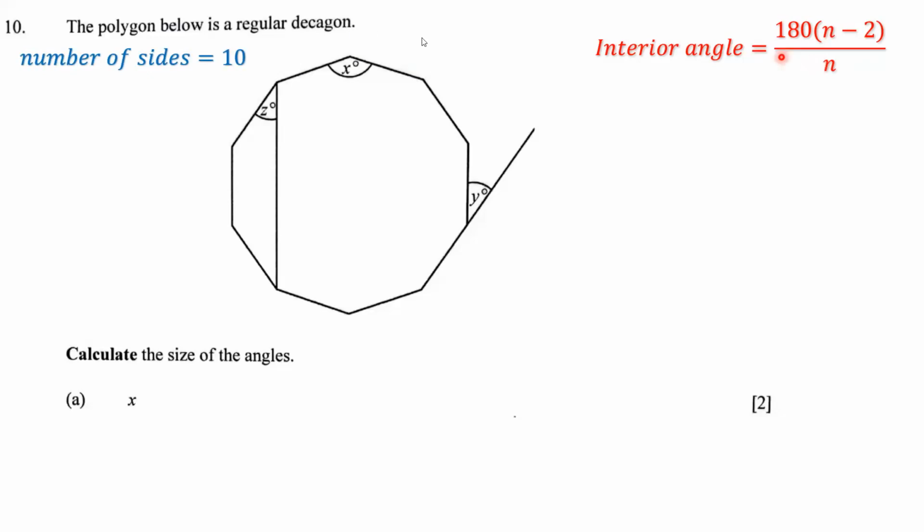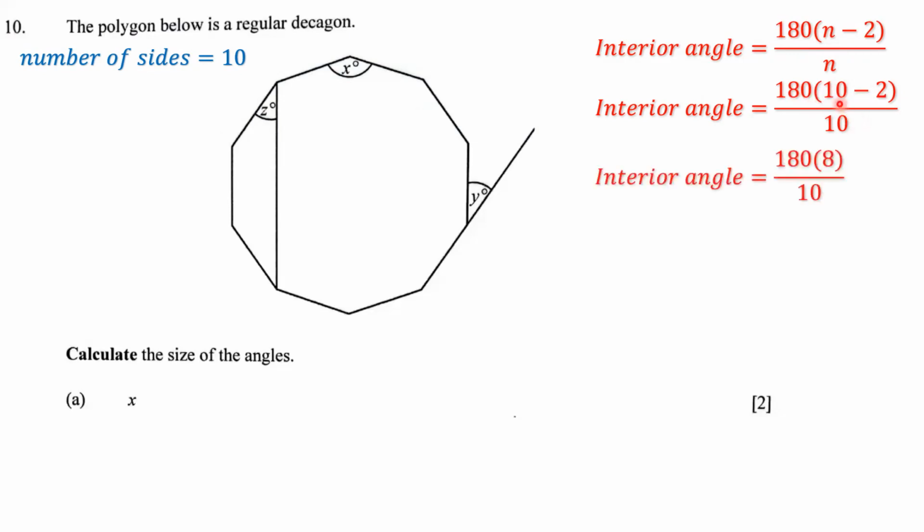And so wherever we see n, we're going to put 10. So the interior angle is going to be equal to 180 multiplied by 10 minus 2, all over 10. 10 minus 2 is going to be 8, so 180 multiplied by 8 all over 10.